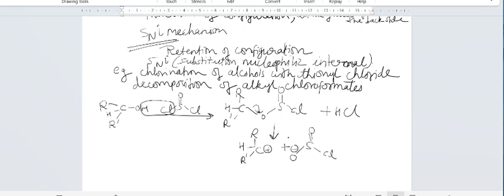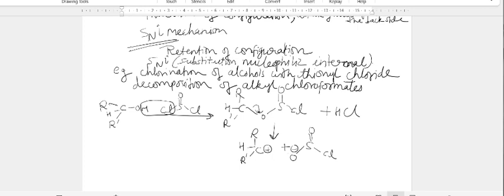This is just like the first step of the SN1 mechanism, in which a carbonium ion was formed and the other negative group was also produced from the same molecule.